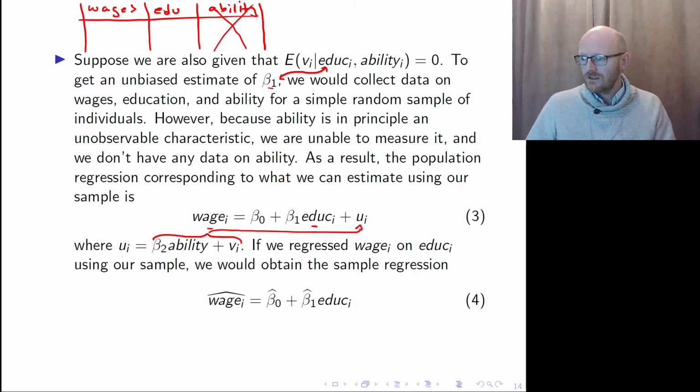Okay, so if we regress this simple regression model, we regress wage on education, we would obtain the sample regression of estimated wage equals the estimated intercept and the estimated slope times education.